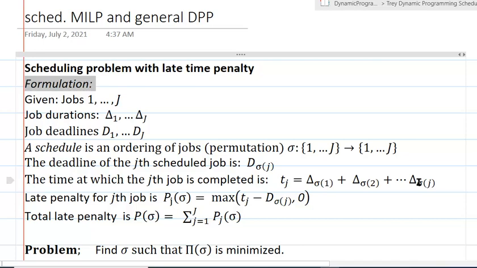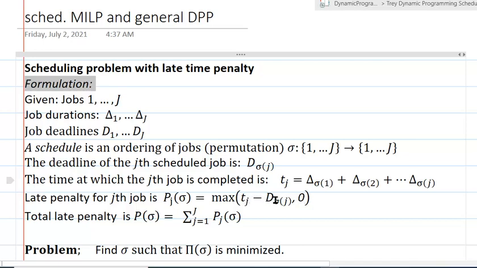Now, what's the penalty? Well, the penalty is the amount of time that it's late. I call that Pj. The penalty for the jth job is Pj, and that's going to depend on the permutation sigma. And that's the maximum of the actual completion time Tj minus the deadline. It's the difference of these two terms. I take the maximum of this and 0 because there's no advantage to completing early, but there's a penalty to completing late.